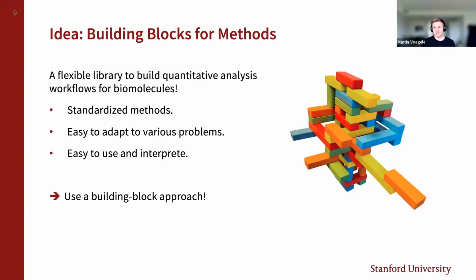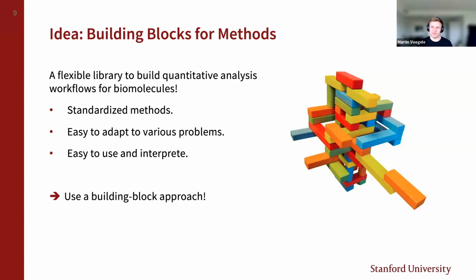Another requirement that we had is that we want to keep it easy to use and intuitive to interpret. We often work with experimental people or with people who are not computational experts, and you tell them, okay, this is what's going on, but they want you to show it in a picture, or they want to know exactly which residue or which side chain flips and makes a difference.